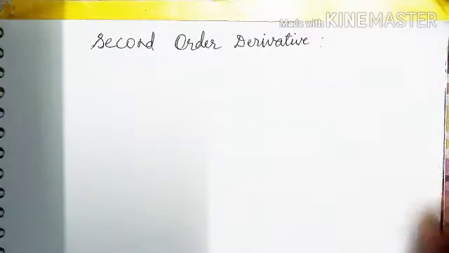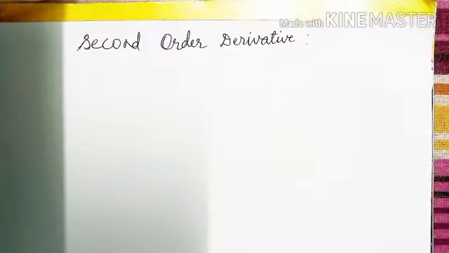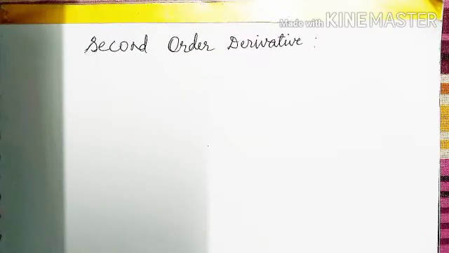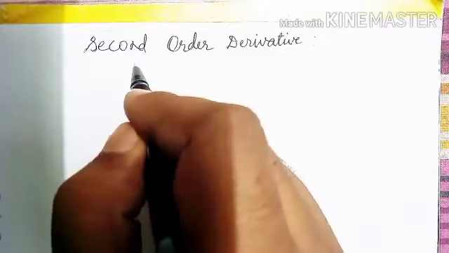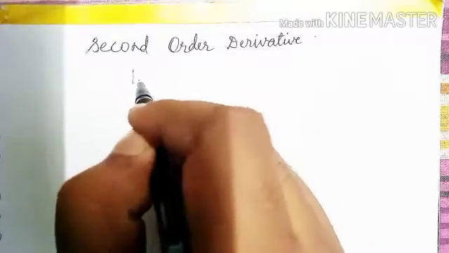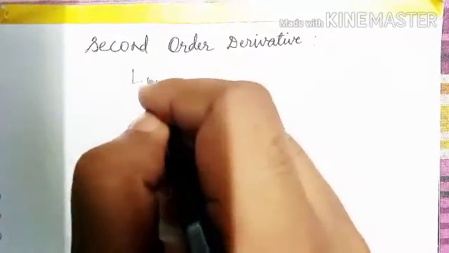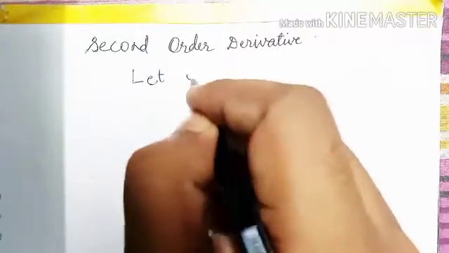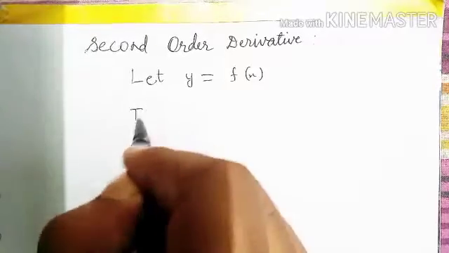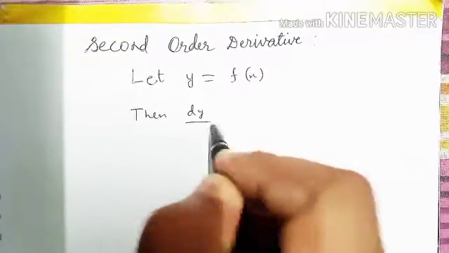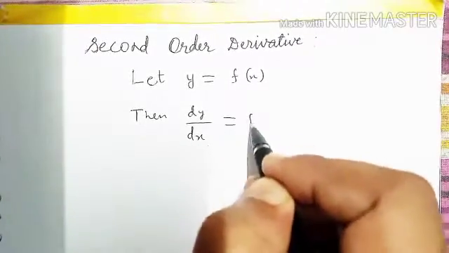Second order derivative. Today we will discuss second order derivative. So let y is equal to f(x), then dy by dx is equal to f dash x.